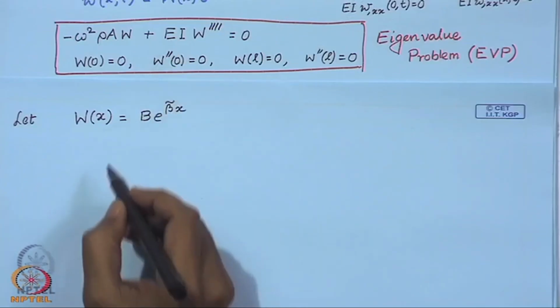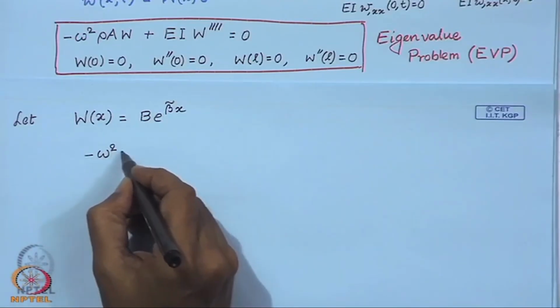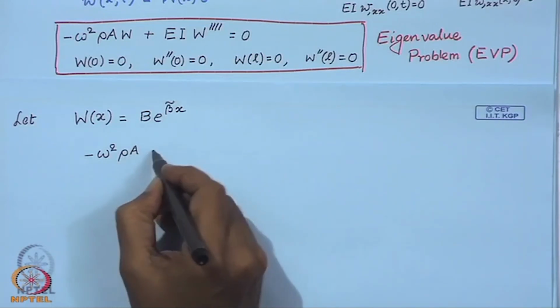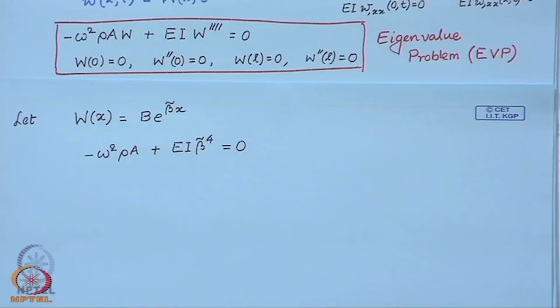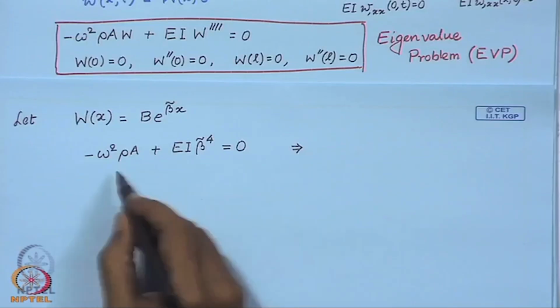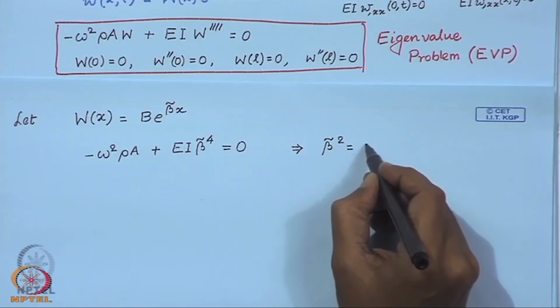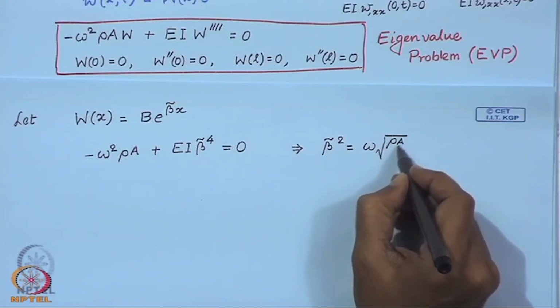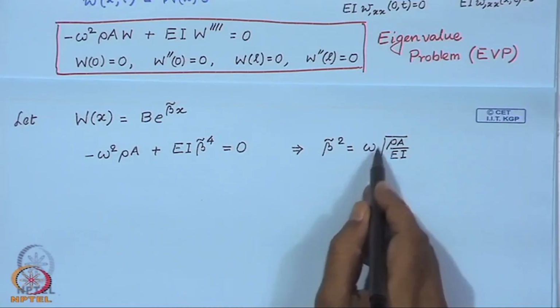If you substitute this in the differential equation of the eigenvalue problem and make some simplifications, this implies that beta tilde square, which is an unknown constant, is related to the circular eigenfrequency.